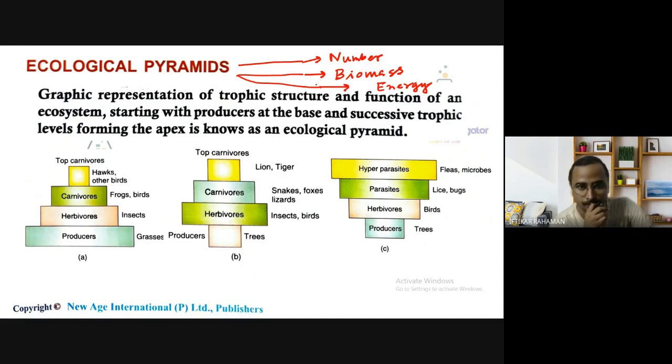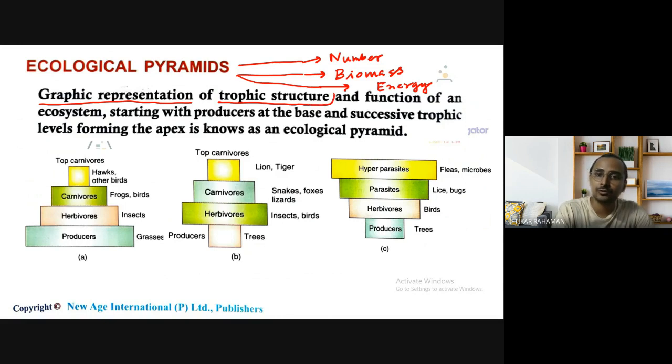So first of all, we need to know what pyramids are. আমাদের প্রথমে জানতে হবে পিরামিড কি। So pyramids are nothing but a graphic representation of trophic structure.